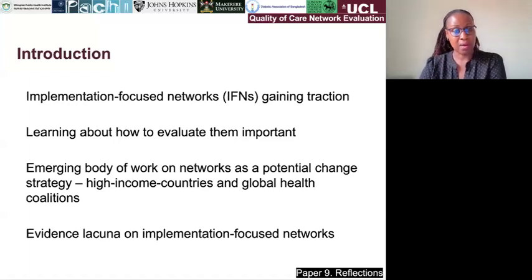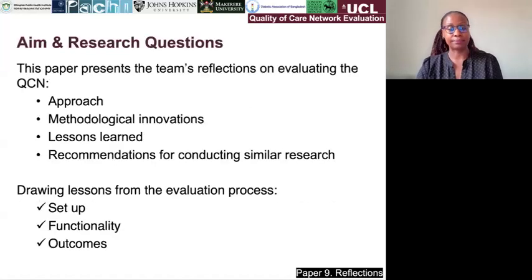Research on whether and how purposefully created implementation-focused networks, such as the Quality of Care Network, might leverage global, national, and local change remains very sparse. So we sought to fill this gap in evidence to inform planning and delivery of future multi-country implementation-focused networks, as well as to understand this particular network and how it could be improved in order to achieve its goals. Next slide, please.